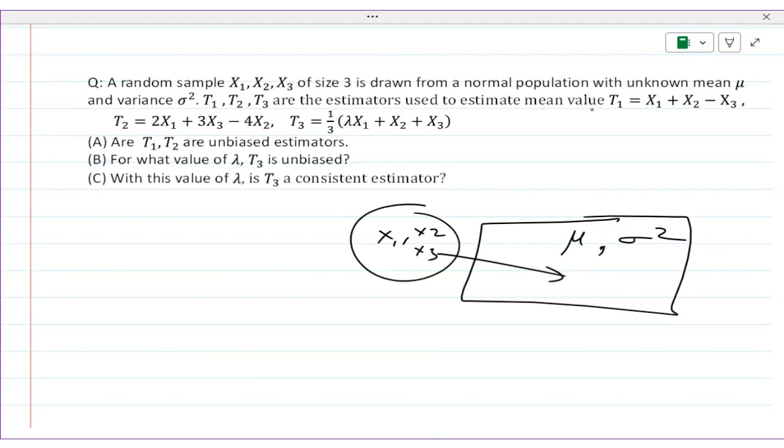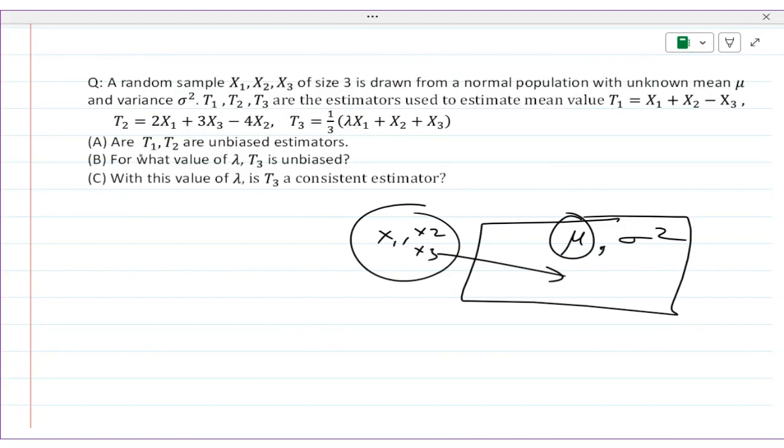So we have three estimators T1, T2 and T3, and these are used to estimate the mean, mu of the population. T1 is x1 plus x2 minus x3. T2 is 2x1 plus 3x3 minus 4x2. And T3 is 1 by 3 lambda x1 plus x2 plus x3.